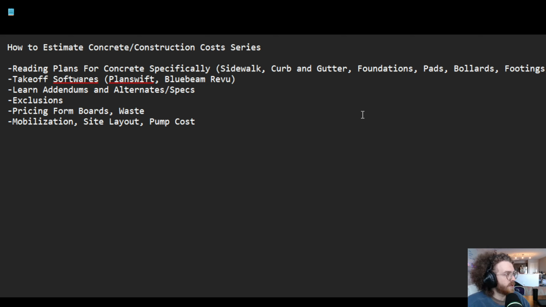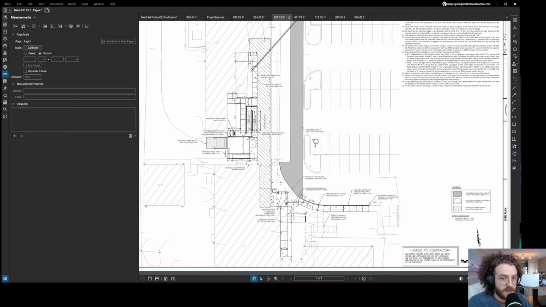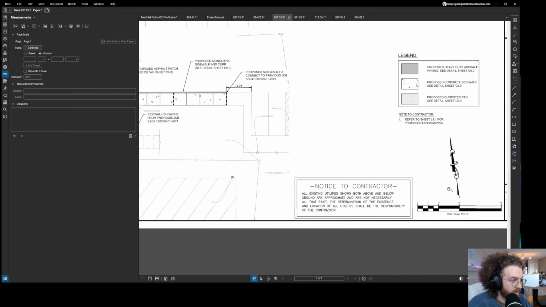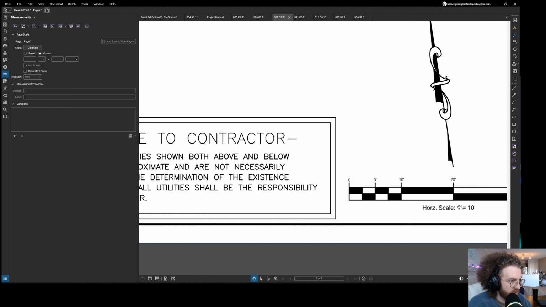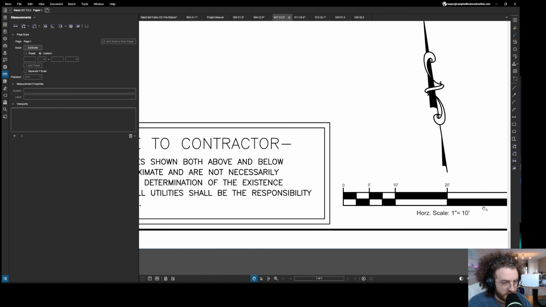So yeah, I'm in Bluebeam Review, which is very simple, very straightforward. One thing that I will go over is the importance of scales in plans. I'm going to switch back to this just to show you. That right there is one of the most important things you're going to find on a set of plans.